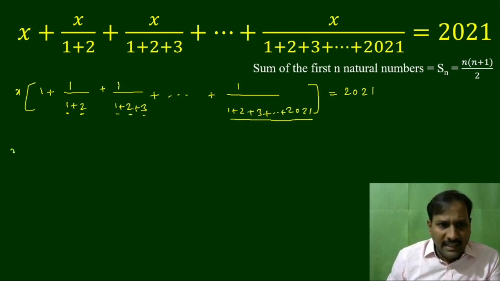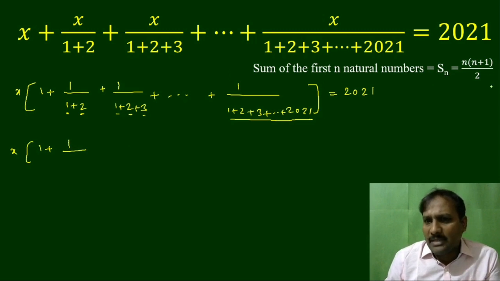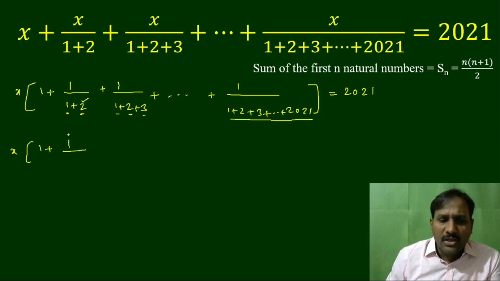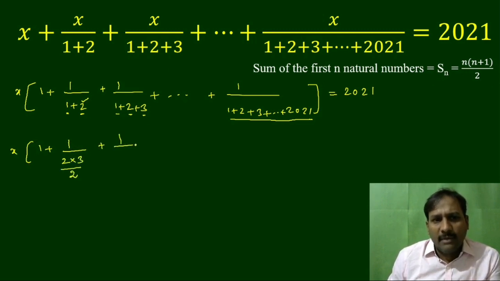So you can write that as 1 plus 1 by n into n plus 1 by 2. Here n is 2. So you can write it as 2 into 2 plus 1, that is 3 by 2, plus 1 by the sum of the first three natural numbers. Here n is equal to 3. So you can write it as 3 into 3 plus 1 by 2, that is 3 into 4 by 2, plus so on.